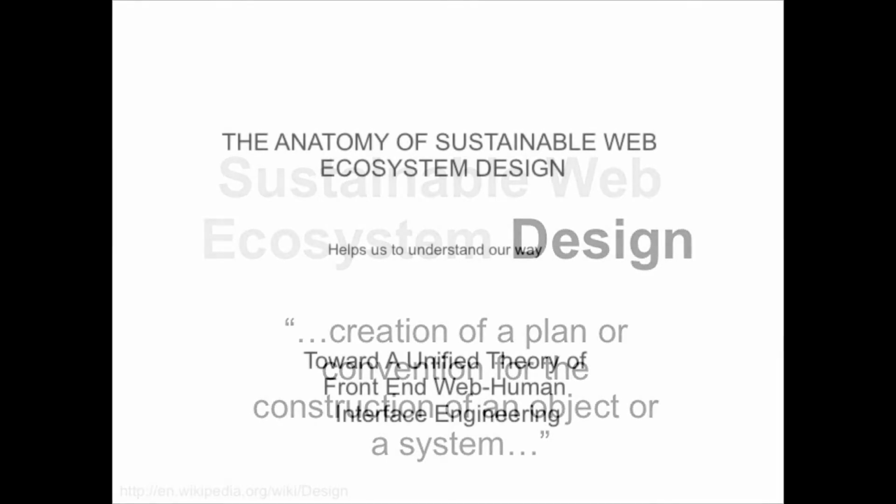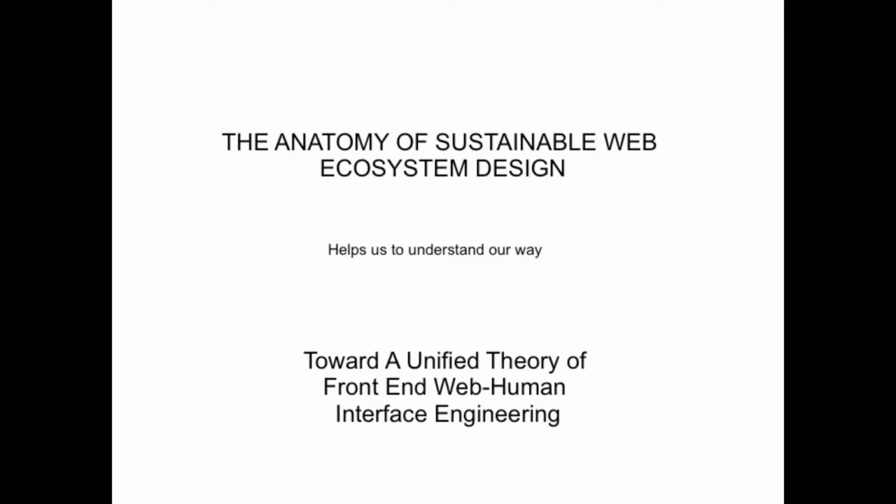So what we really have here with the anatomy of a sustainable web ecosystem design is a way that helps us to understand our goal, which really is something like a unified theory of front-end web and human interface engineering.